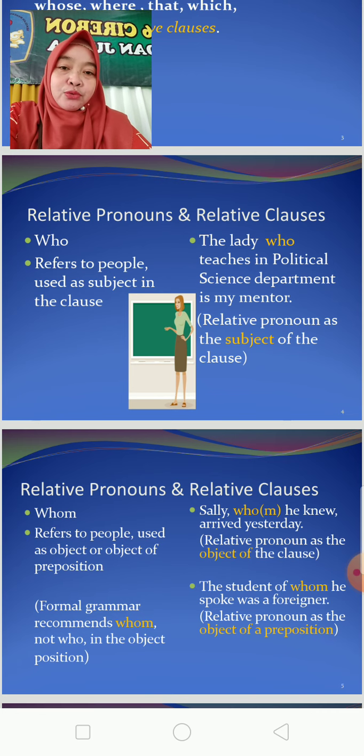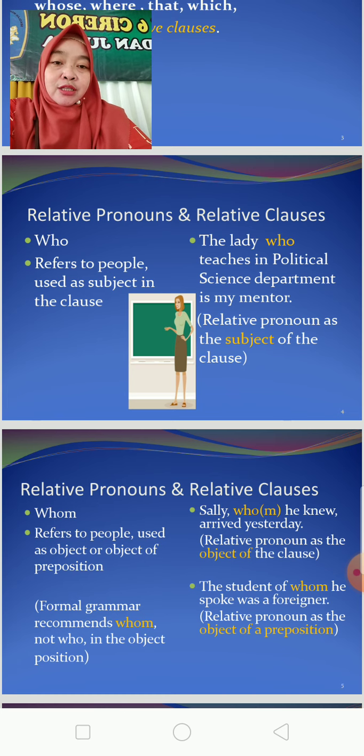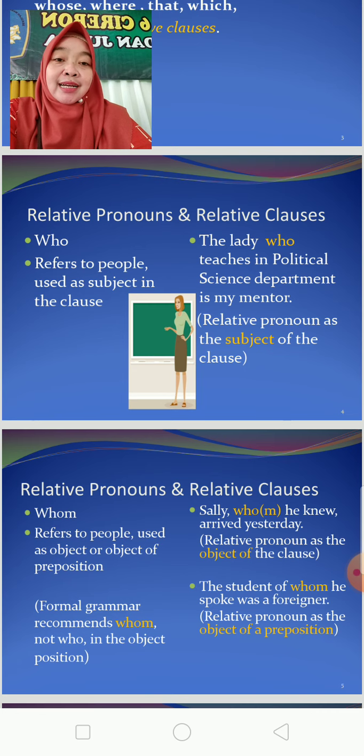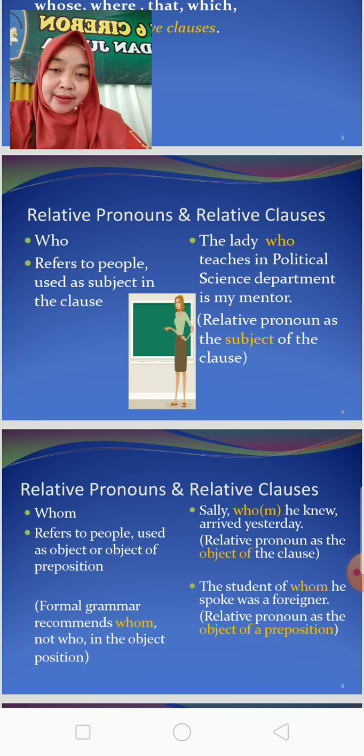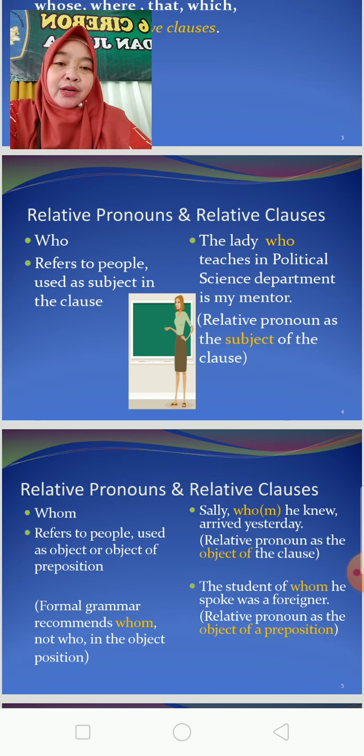Who refers to people and is used as the subject in the clause or in the sentence. So who describes a person when it has the function of subject. For example, the lady who teaches in political science department is my mentor.